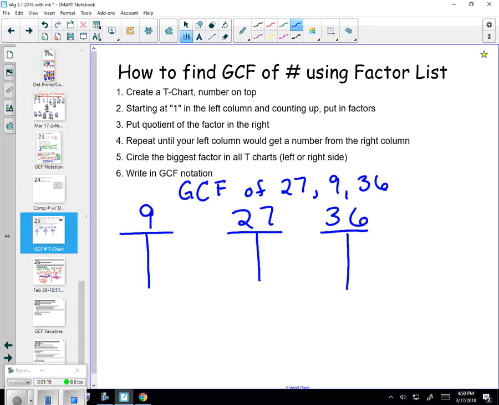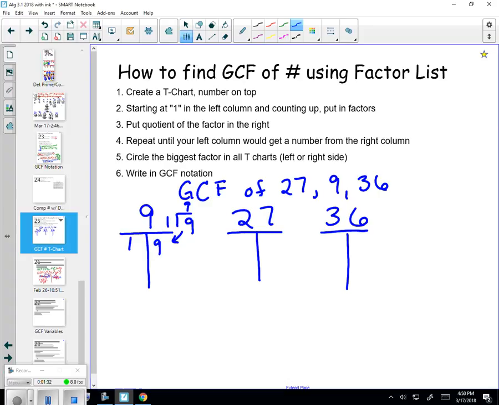Step 2. Starting with 1 in the left-hand column and counting up, we're going to put in our factors. We're going to put the quotient of that factor in the right. So our quotients go here. I'm going to say 9 divided by 1 is 9.